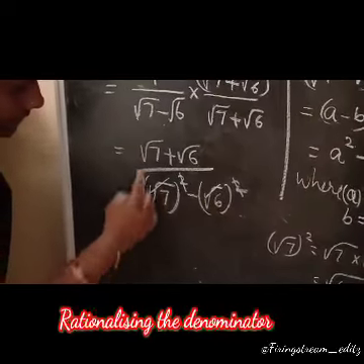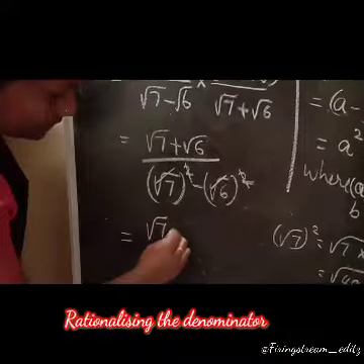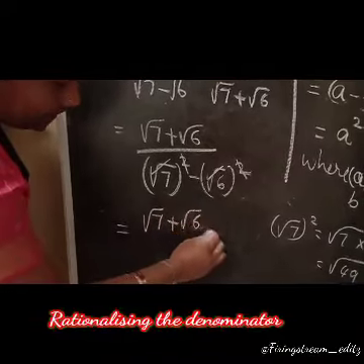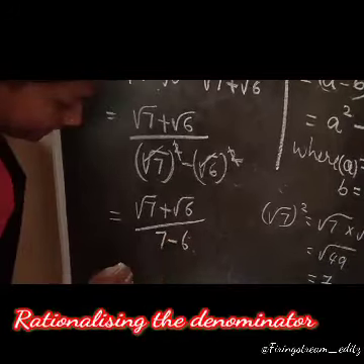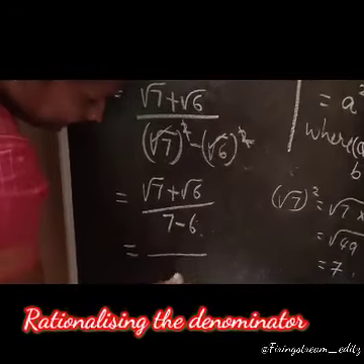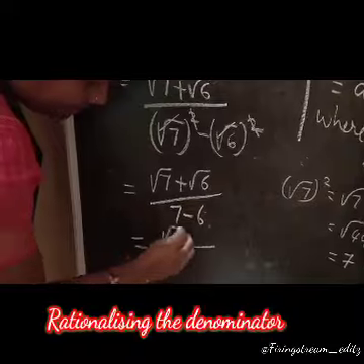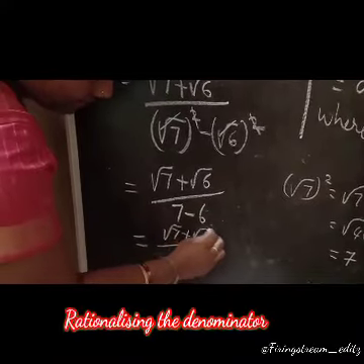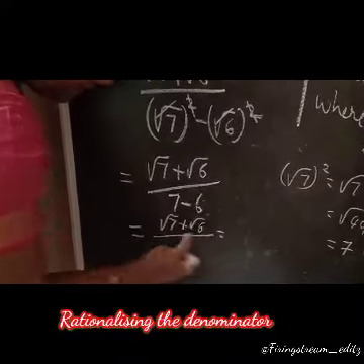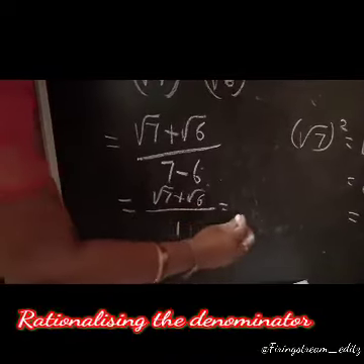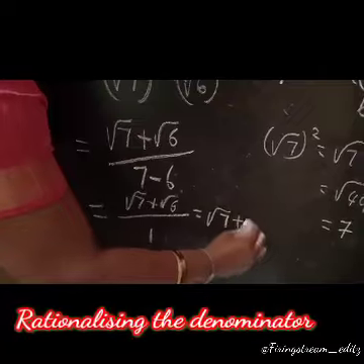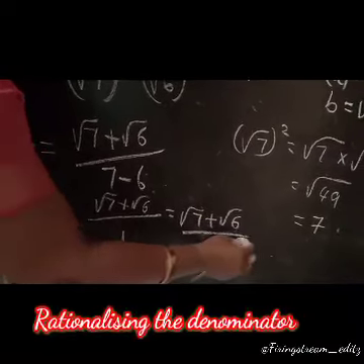So the numerator we have is square root of 7 plus square root of 6, divided by 7 minus 6. 7 minus 6, the value is 1. Any number divided by 1, the value will be the same number. So square root of 7 plus square root of 6 is our answer.